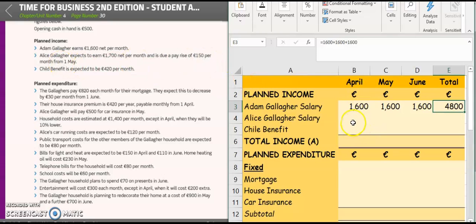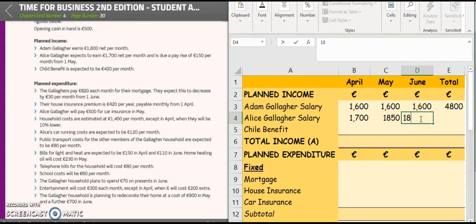So in April, she's going to earn 1,700, and in May then she's going to get an increase.